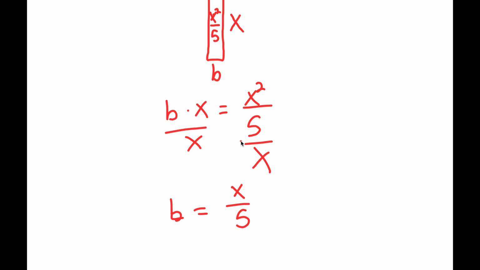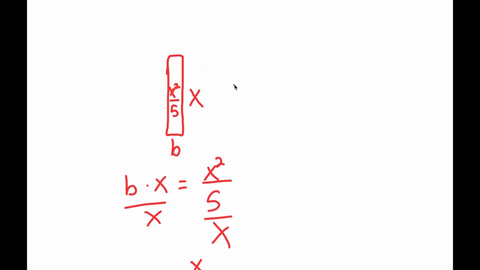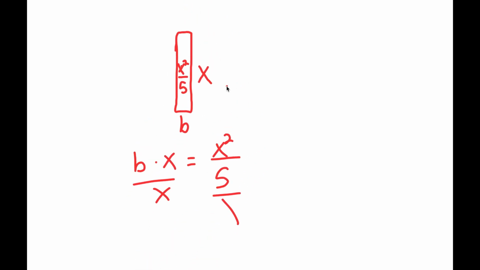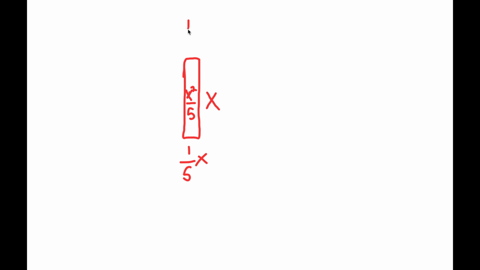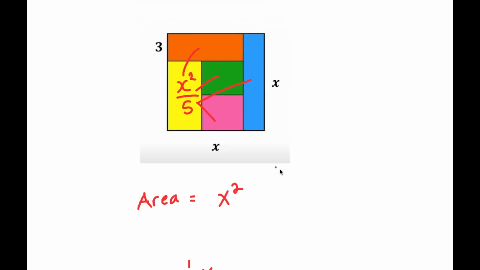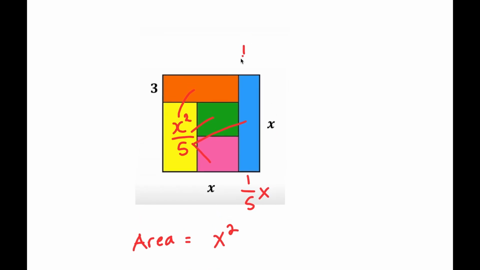Now that we know the value of b, what I'm going to do is put 1 over 5x over here and over here. So now going back over here, you know this is 1 over 5x. This is 1 over 5x.